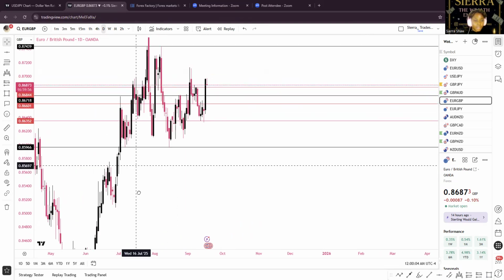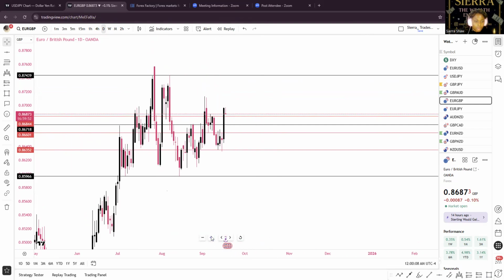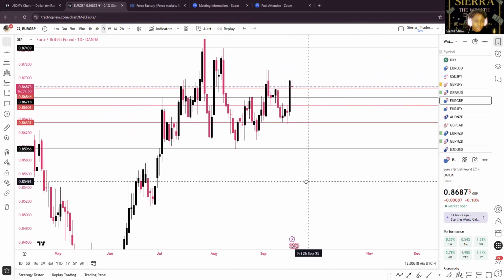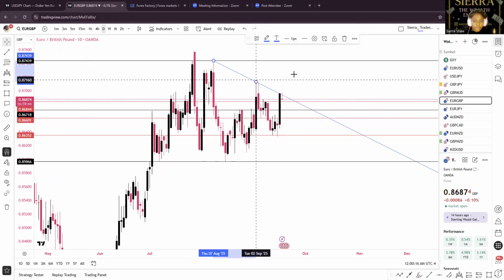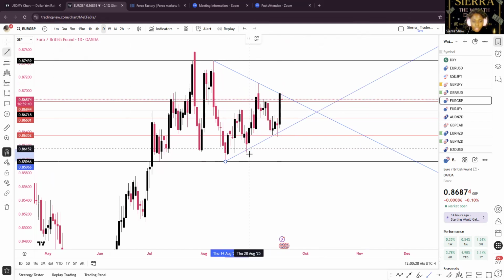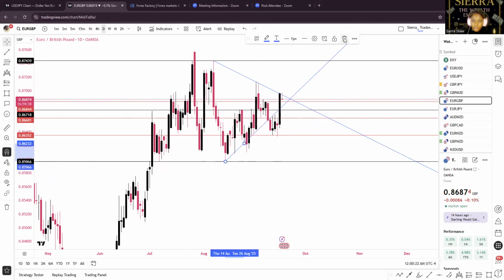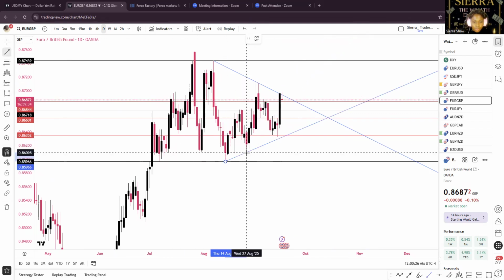Okay. Today gave us a nice impulsive move up. I am going to mark a trend line here. All right, so price is at a trend line here. I'm going to put price in a wedge here.